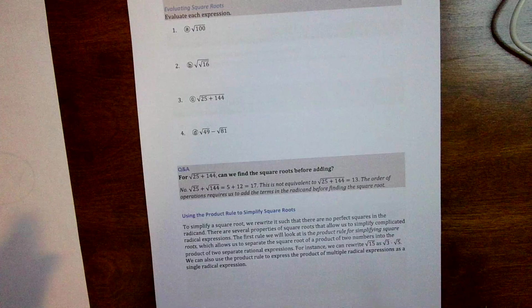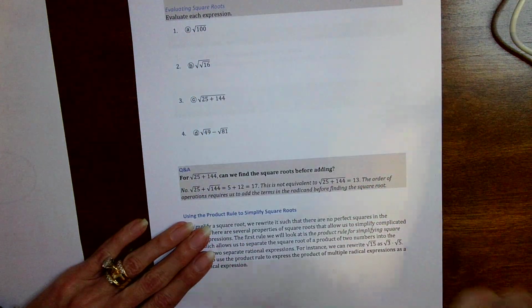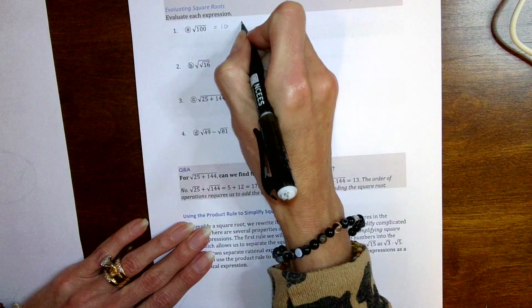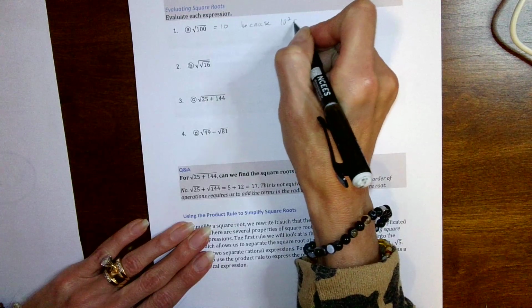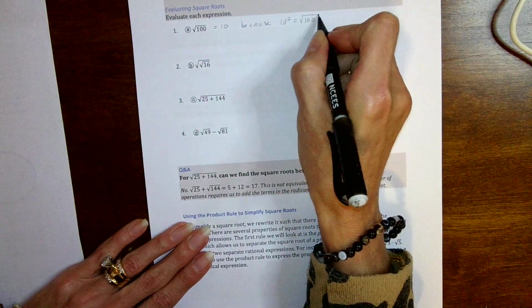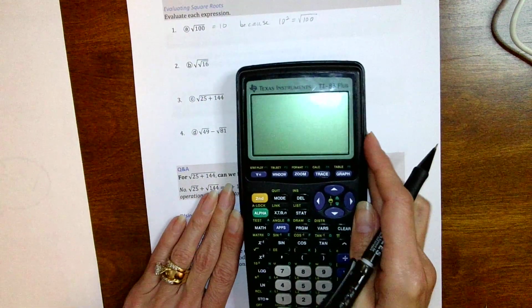So let's evaluate each expression. The square root of 100 equals 10 because 10 squared equals 100. Now, if it is a perfect square, like 100, it's going to show up on your calculator.